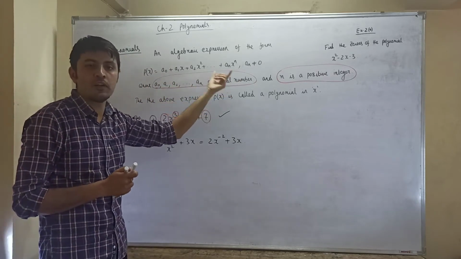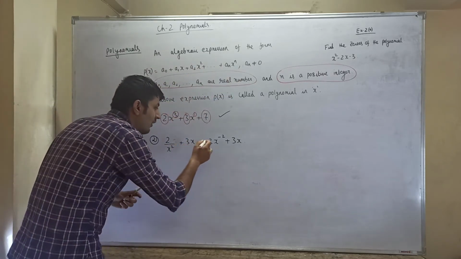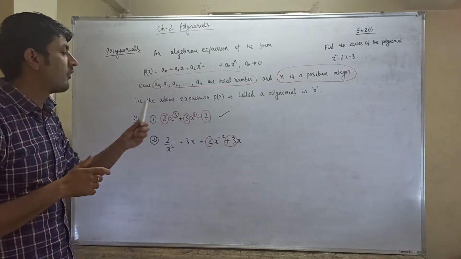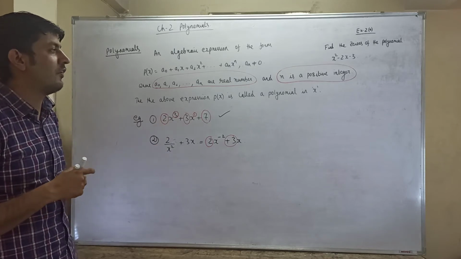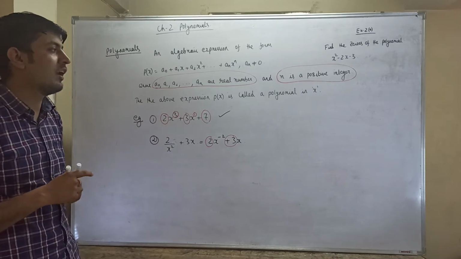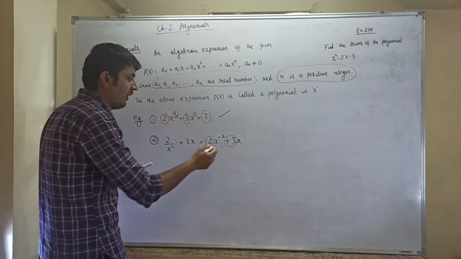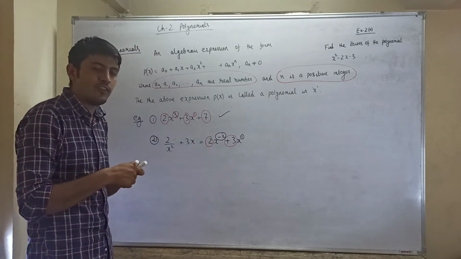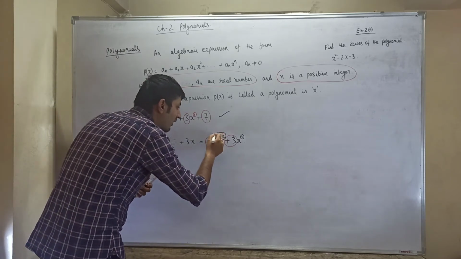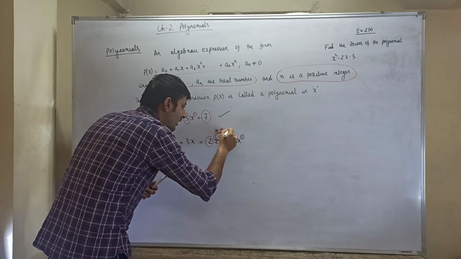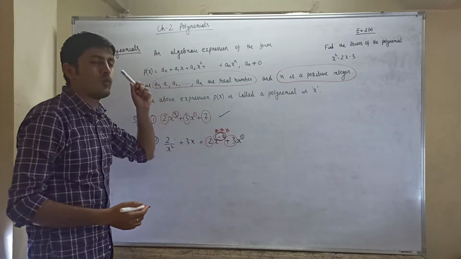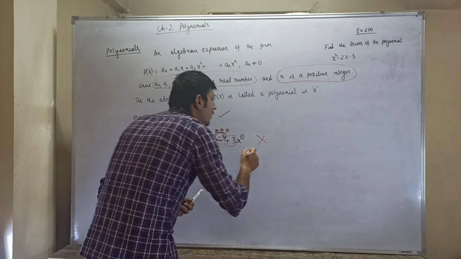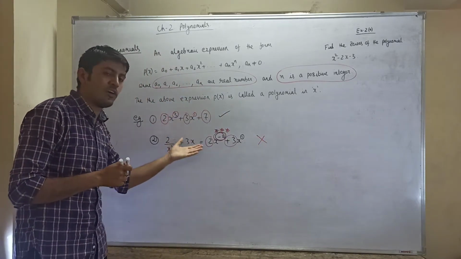The coefficients 2 and 3 are real numbers, and the power of x must be a positive integer. Here the power is 1, which is positive, and here it is minus 2. Look here very carefully: it is minus 2, so it is not a positive integer. So this is not a polynomial.